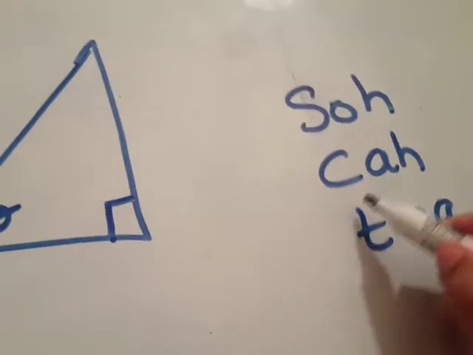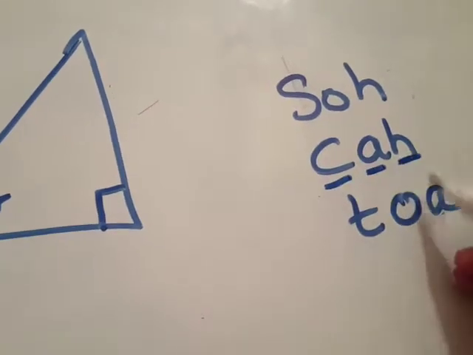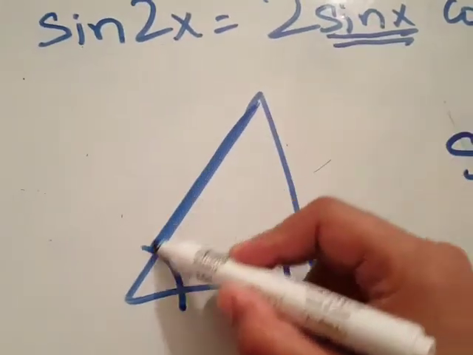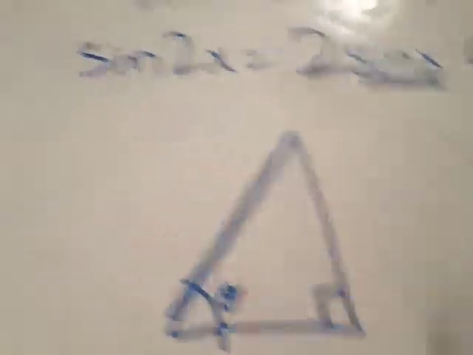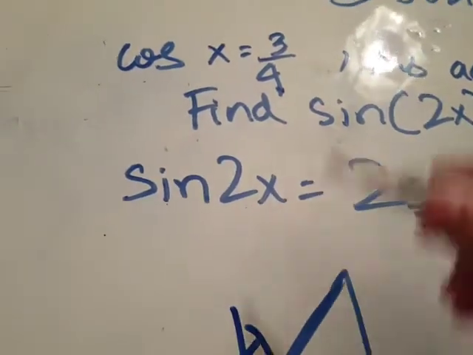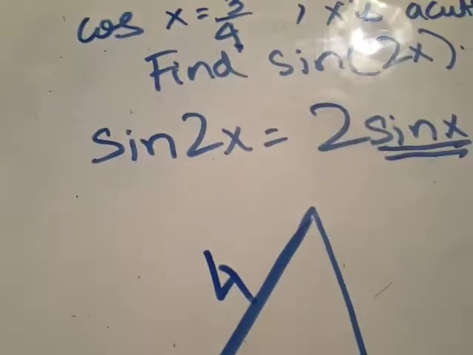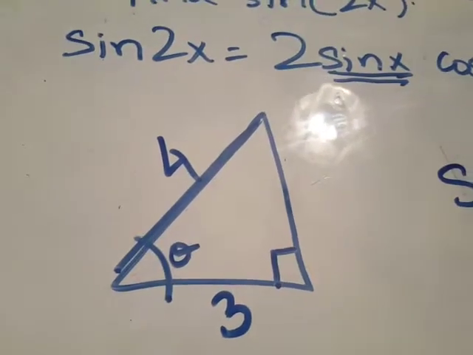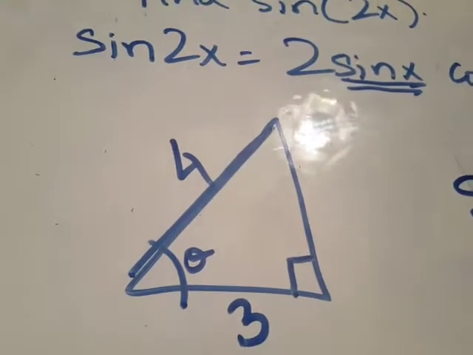So for cos, I have adjacent over hypotenuse. This is the hypotenuse. So the value of hypotenuse is 4. And the value of adjacent is 3. So according to the triangle, I have 4 and 3 like this.